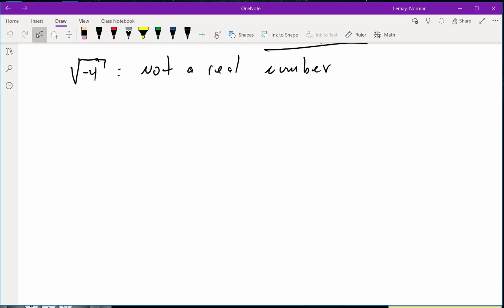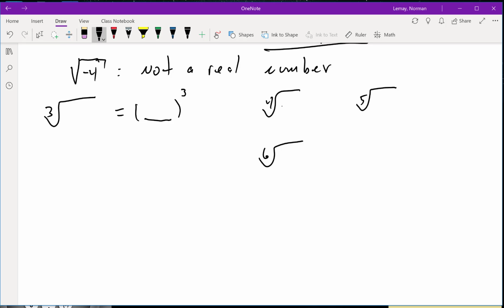Another popular one is what we call the cube root. The cube root is asking a similar question. That is, if I take a number and raise it to the third power, what is that number? And we can continue on, say, for example, the fourth root. We could talk about the fifth root, the sixth root, the seventh root, the eighth root, the ninth root, and so on.